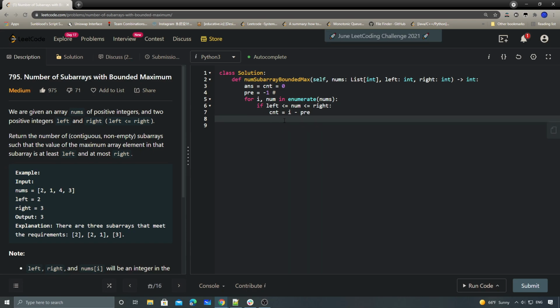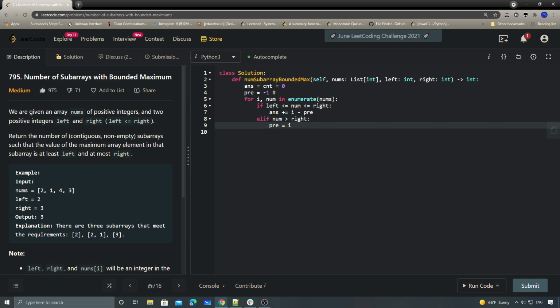This is all we need. If that's the case, we simply do answer plus equals this. Else if the number is greater than the right, then we set pre equals to i.